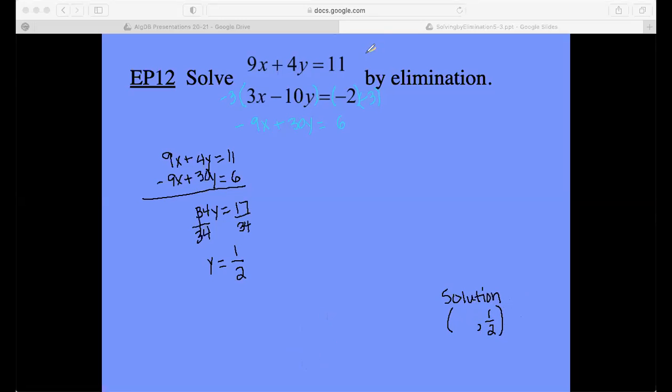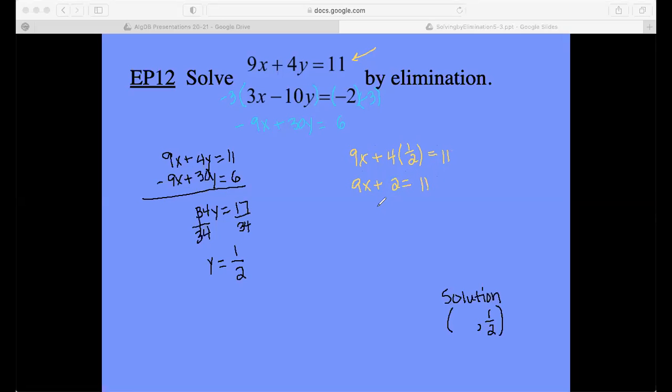I'm going to go ahead and use the top equation just because it's convenient, and I'm just going to multiply by 4, which is nice. So I have 9x plus 4 times 1/2 equals 11. 4 times 1/2 is the same thing as half of 4. What's half of 4? 2.